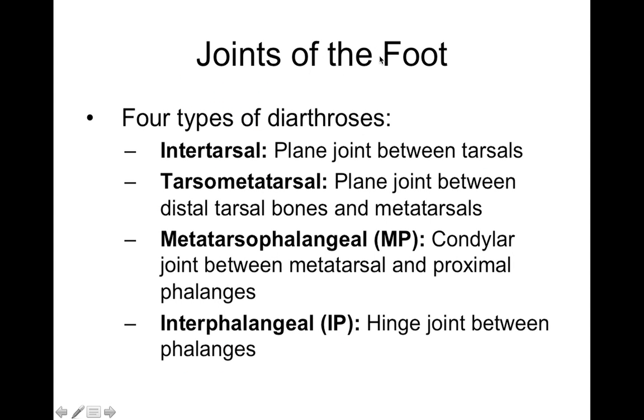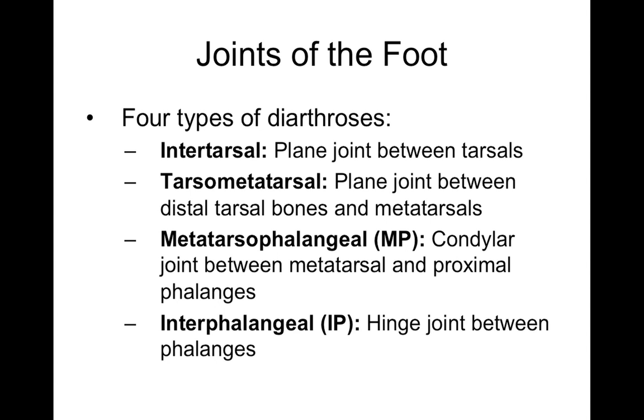Now, for the joints of the foot, you guys, they're basically named for what bones they're between, right? So what are the ankle bones called? Tarsals, right? And what about the foot bones? Metatarsals, right? So what do you guys think the joint is where the tarsals meet the metatarsals? The tarsal metatarsal joint.